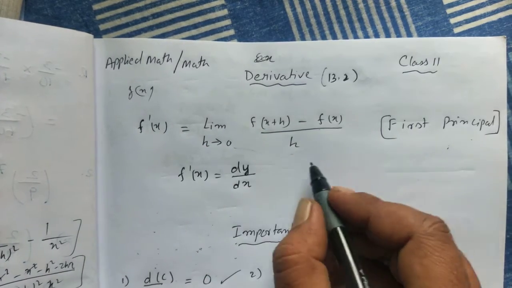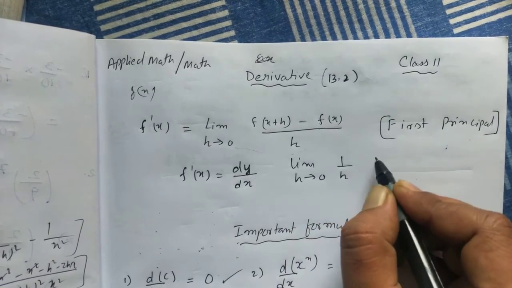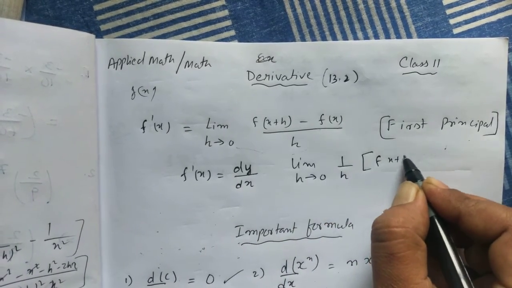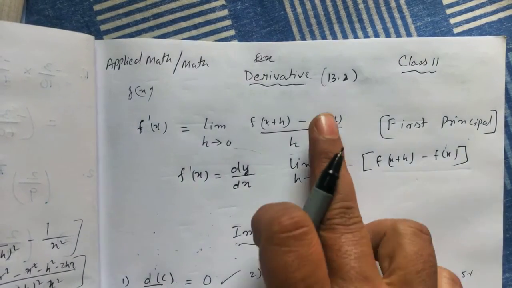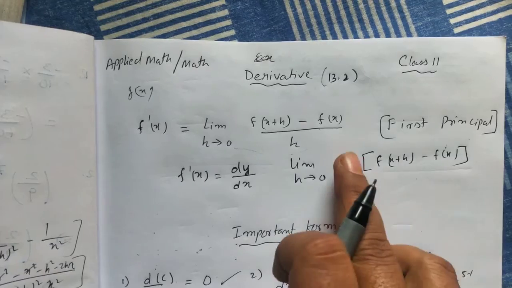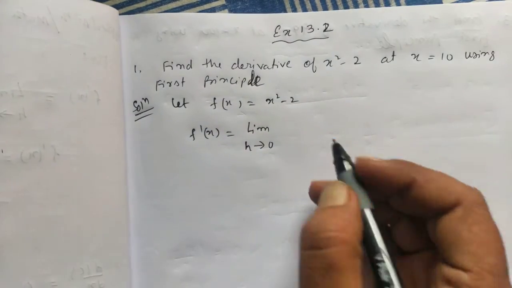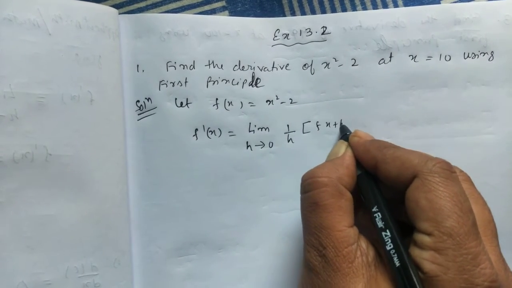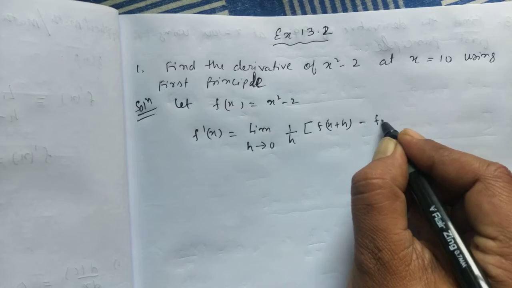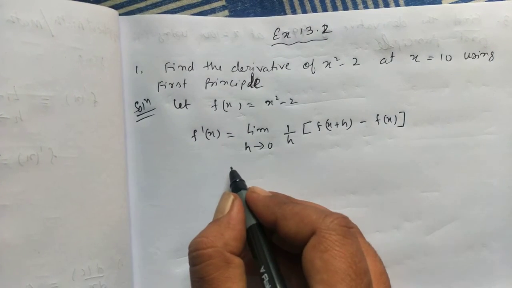We can write this one like this also, limit h tends to 0, 1 by h, and in the box f of x plus h minus f of x. No problem, the meaning is the same. Instead of dividing by h, I am writing 1 by h separately. You can also do the same thing. I can write 1 by h times f of x plus h minus f of x. You can put the value.